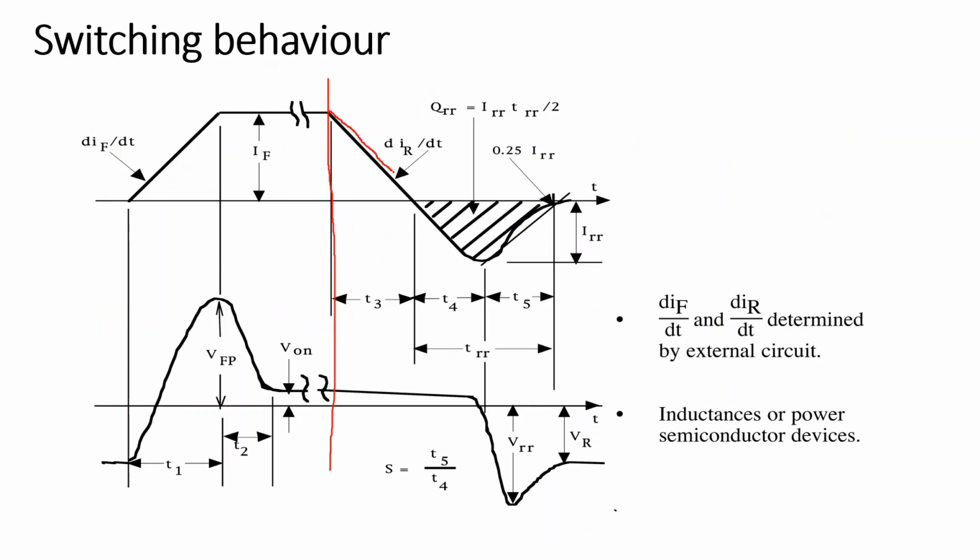So the current first reduces with the rate dIR by dt, where IR means reverse current and IF means the forward current. So the current is reduced to 0, and even if the current is reduced to 0, the charges are not removed from the n minus region. The current becomes negative and the charges start to be removed from the n minus region.